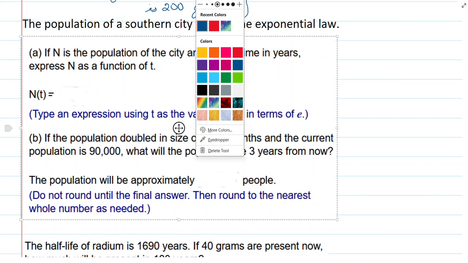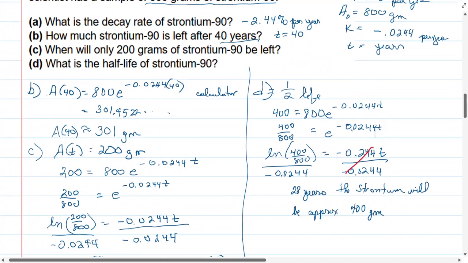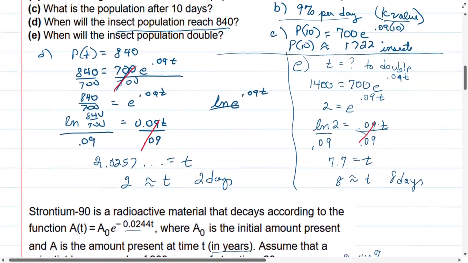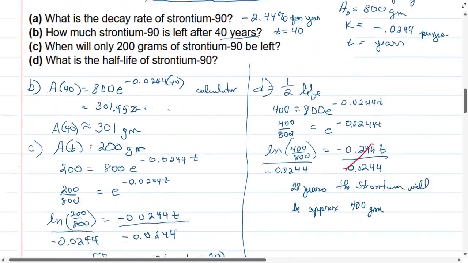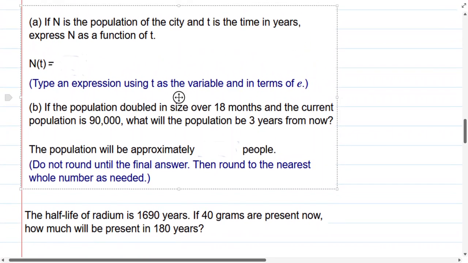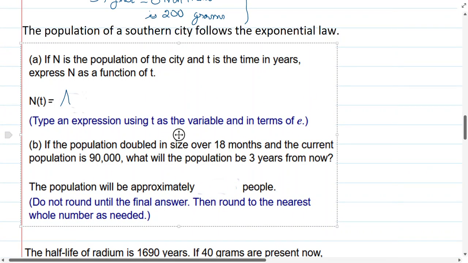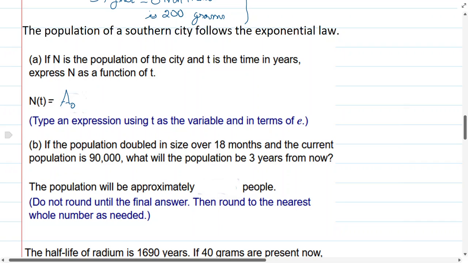And I think on population, it's still A sub 0. Yeah. And it says if the population doubled in size over 18 months, and it's in years.